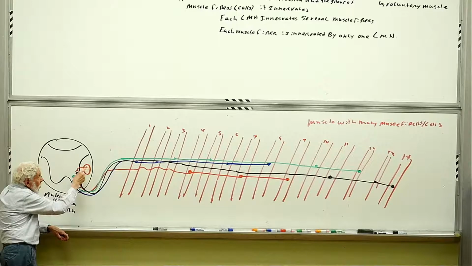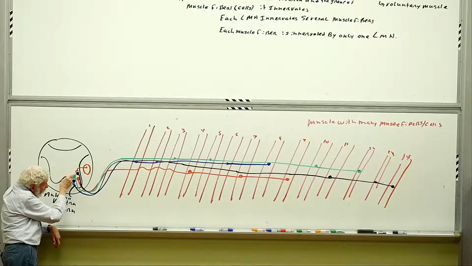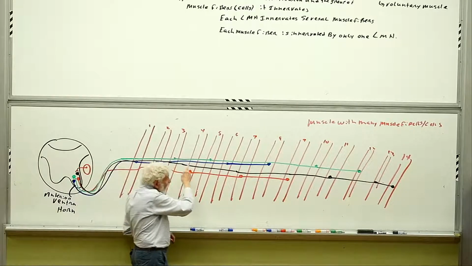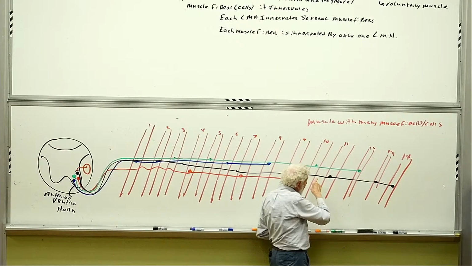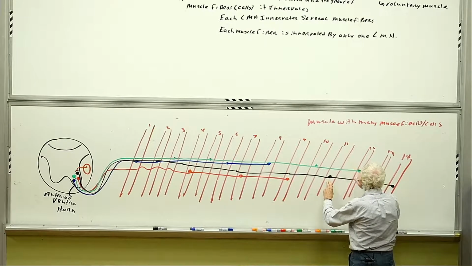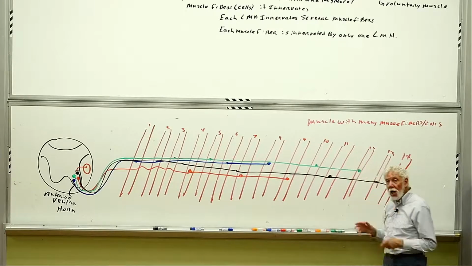So now when the upper motor neuron activates this lower motor neuron, let's choose black, it sets up EPSPs here that generate action potentials. Those action potentials will propagate out into the peripheral nervous system, propagate along this axon, and find the synapse at 11, 13, and 14, causing 11, 13, and 14 to contract.